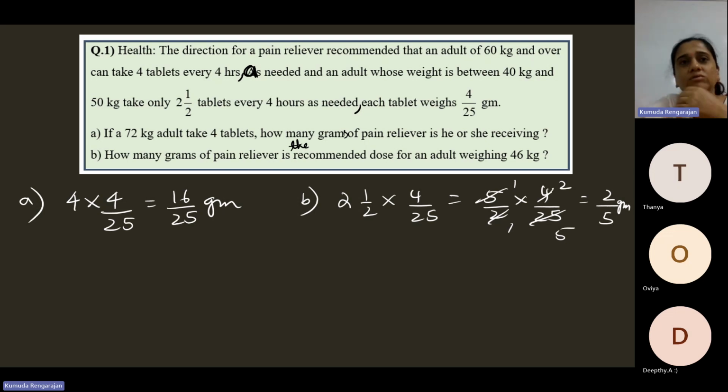So 2.5 into 4 by 25. What is 2.5? 5 by 2 into 4 by 25. And you can simplify. 2 by 5 grams.